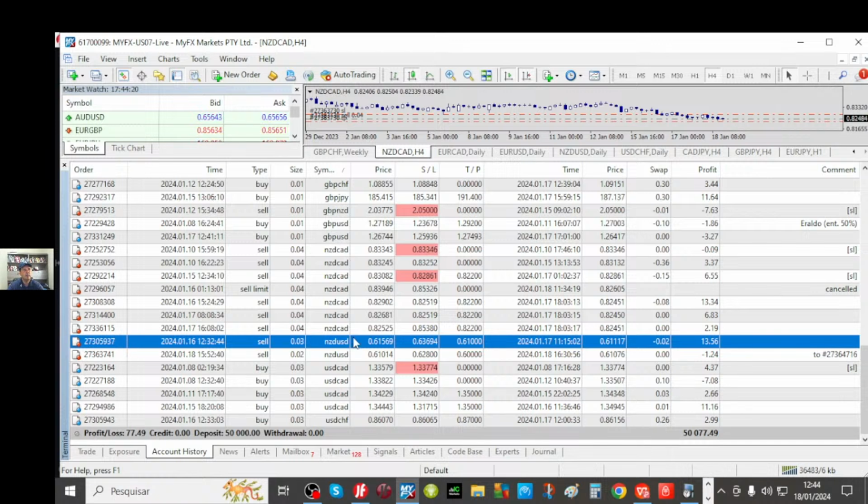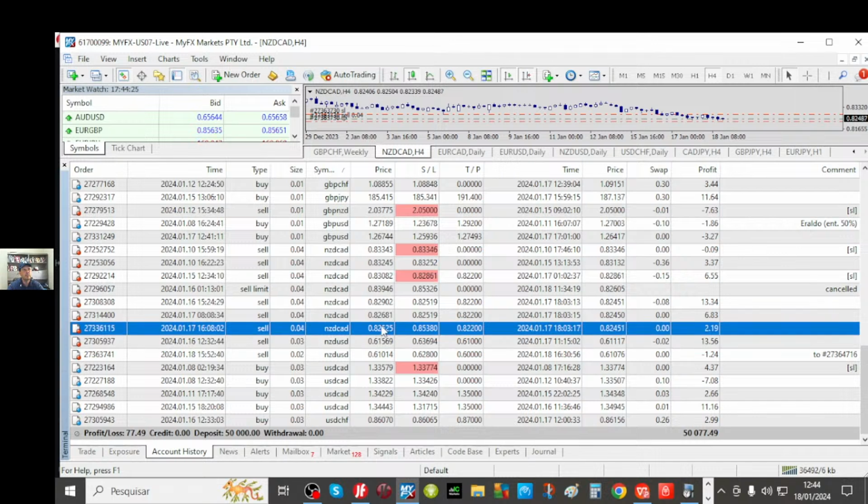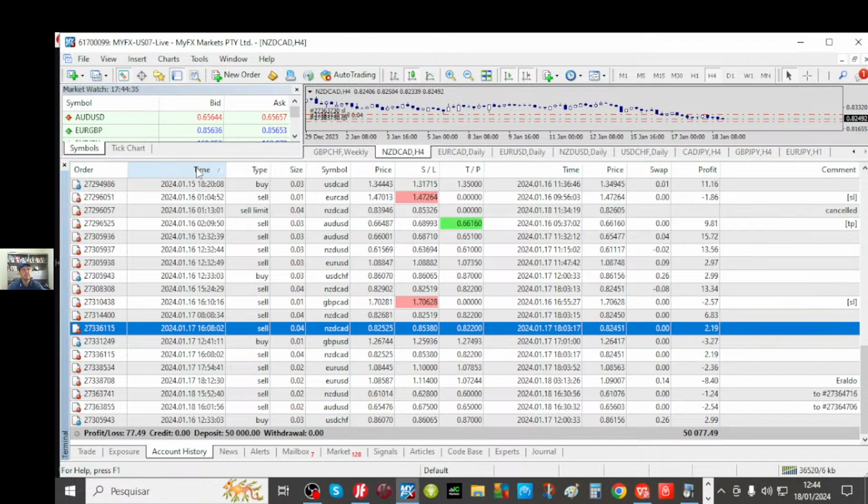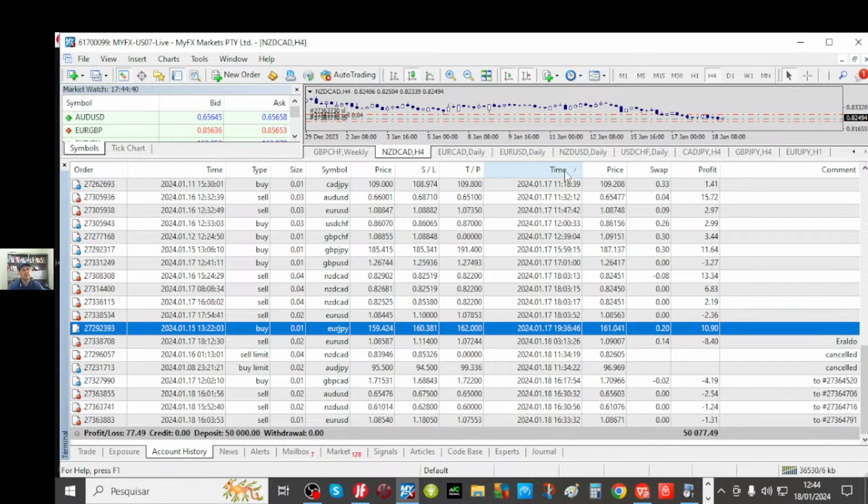On the demo account, you have the currency pair, the price that you entered, the stop loss, and the take profit. You have time on the left and time on the right, the time of the exit, and you can see where you exited and whether you exited with a profit or loss. Make sense, everybody?